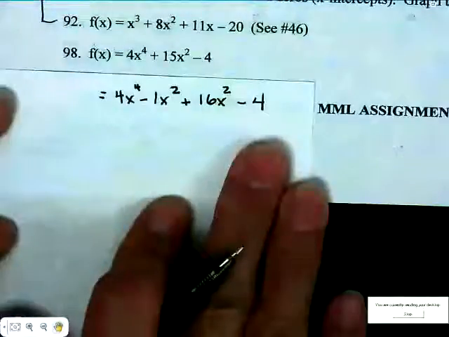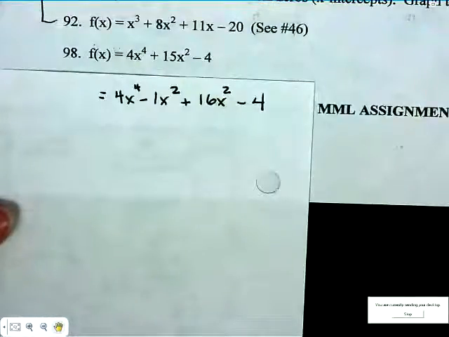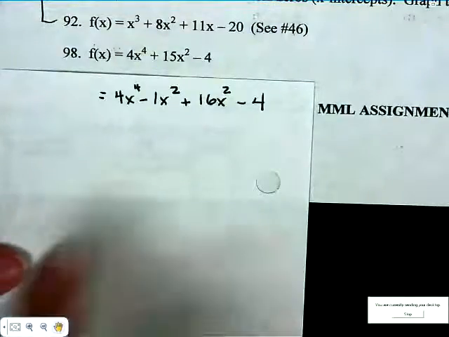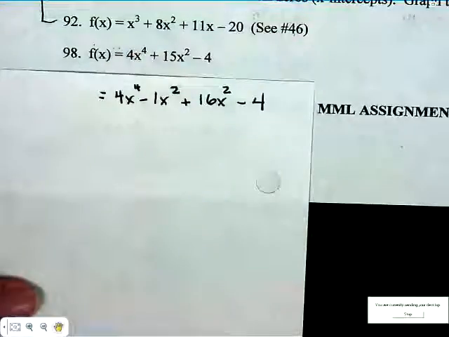I just prefer to write the negative term first. Make sure that that adds back together to give you what you started with, and then factor by grouping.